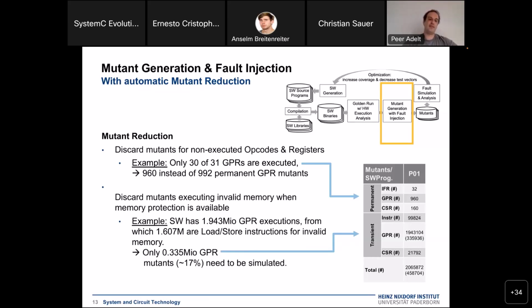So in this scenario, we were able to reduce the 1.9 million possible mutations to only 0.3 millions. So this means that only 17% of the mutations actually need to be simulated. So this is a huge opportunity to save simulation time without losing accuracy.